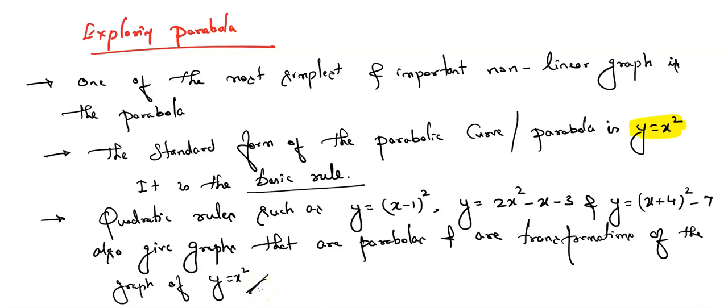So here we have just explored the parabola. It is one of the most simplest and important nonlinear graph. The standard form of the parabola is y equals x square, and it is called the basic rule. Quadratic rules such as y equals x minus 1 whole square, y equals 2x square minus x minus 3, and y equals x plus 4 whole square minus 7 also give graphs that are parabolas and are transformations of the graphs of y equals x square.